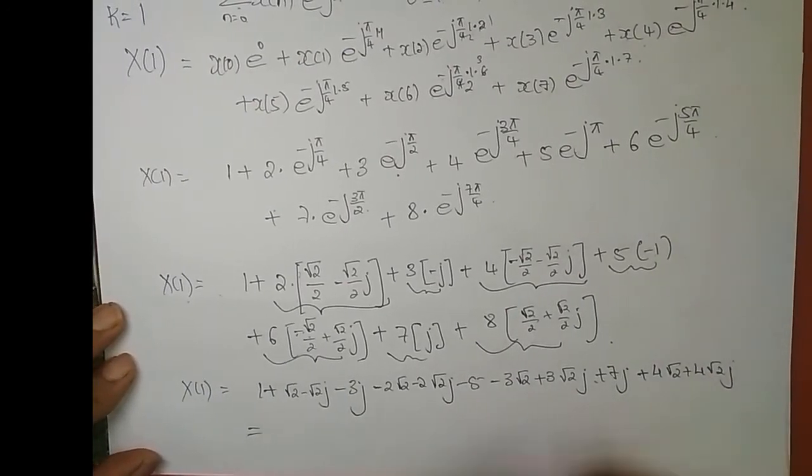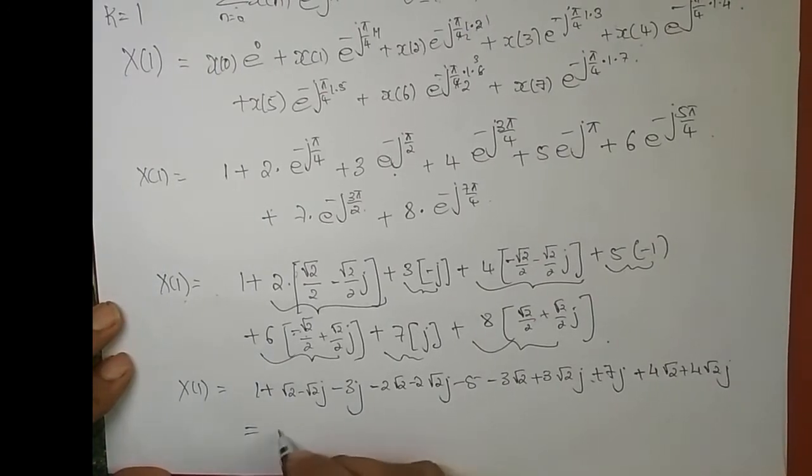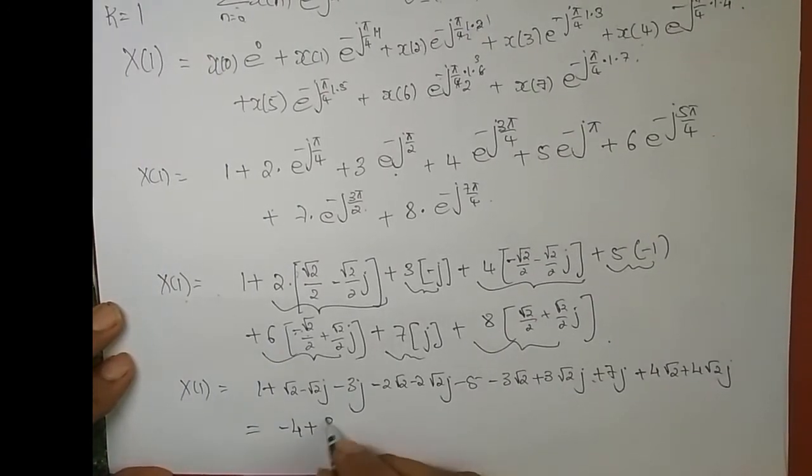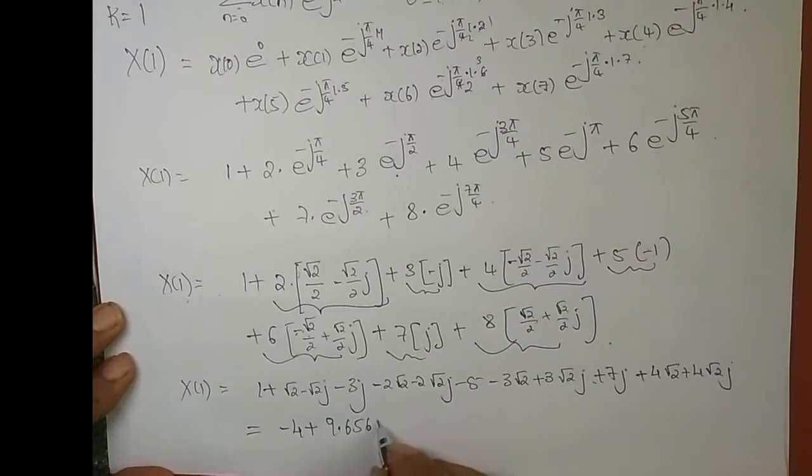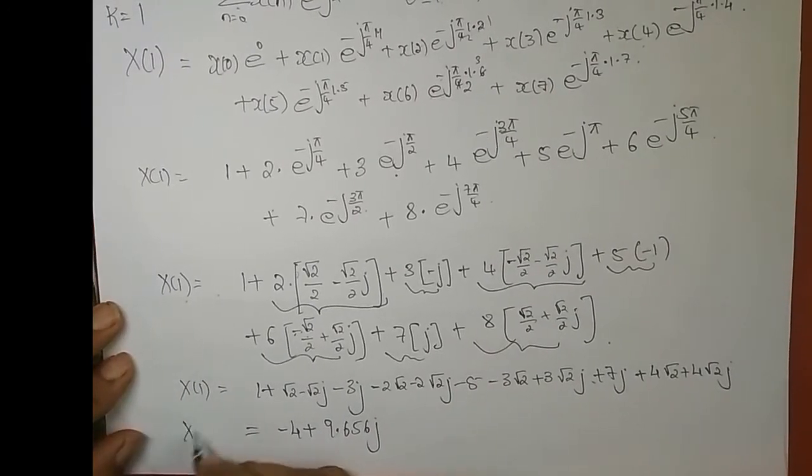So when you put it in your calculator, we end up with minus 4 plus 9.656j. Okay, this is x of 1.